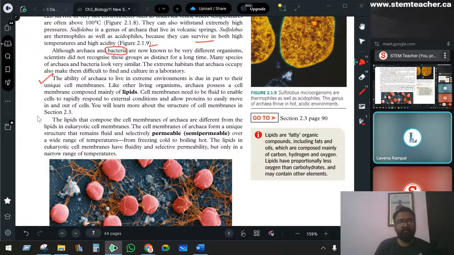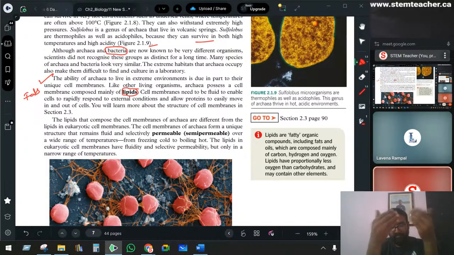So that's why these live in the lipids. Lipids means fats. In the fats, it is not easy to enter and leave the cell. If there is a cell, some things should come inside and some things should go outside.